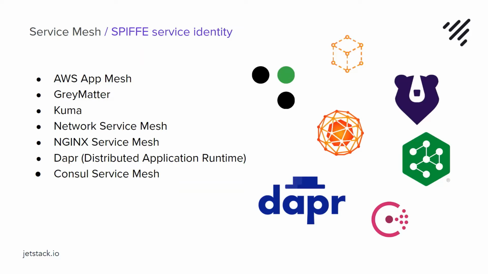And there are also some mesh-like implementations out there. Specifically, we've got one called Dapr, Distributed Application Runtime, from Microsoft. That's interesting because it's more of an in-process runtime, and it provides much of the functionality of a mesh and more. It's worth checking out.